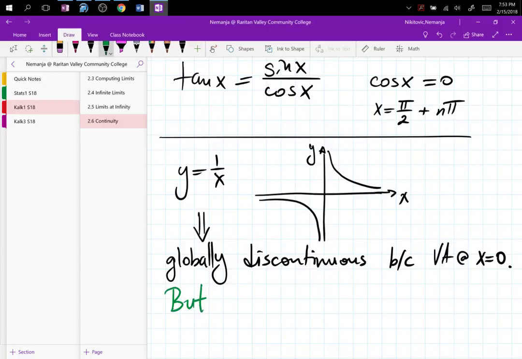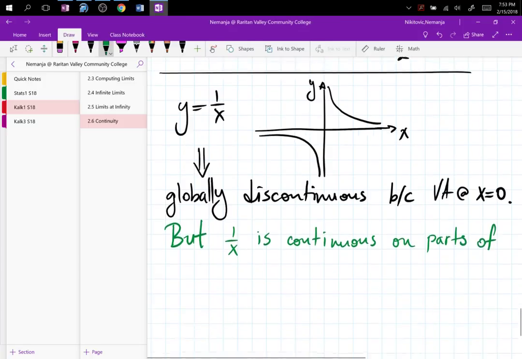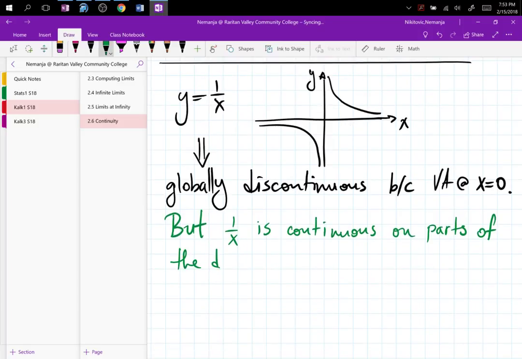But one over x is continuous on parts of the domain. And sometimes that's all you need for your application.